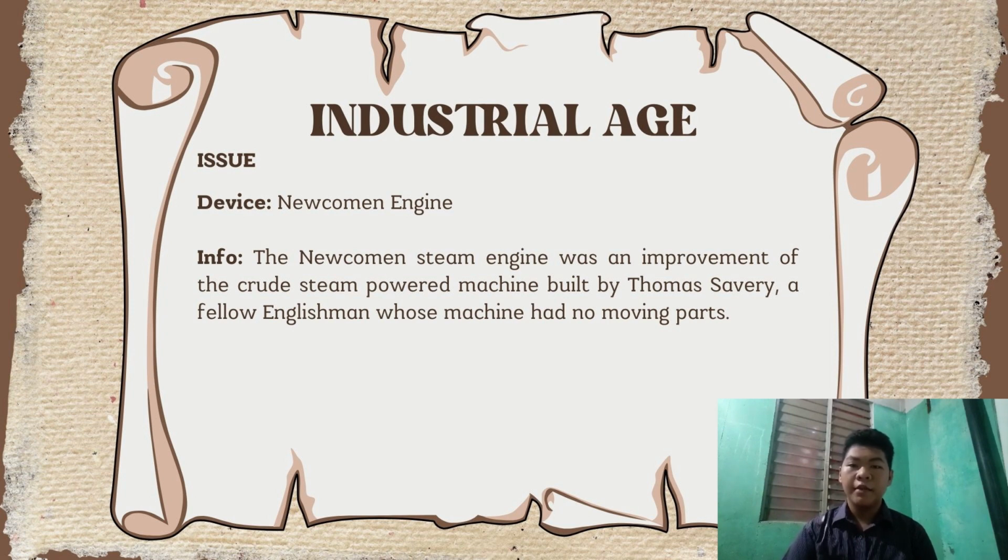Device: the Newcomen engine. The engine burned coal to create steam which operated the steam pump, pushing a movable piston. Trend: the Newcomen steam engine was an improvement of the crude steam-powered machine built by Thomas Savery, a fellow Englishman whose machine had no moving parts.